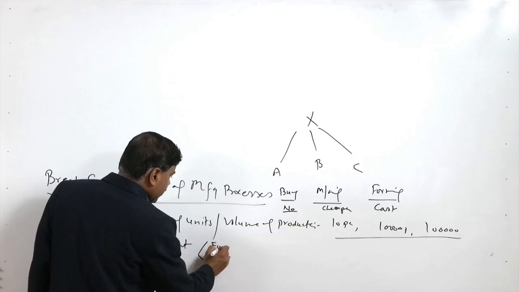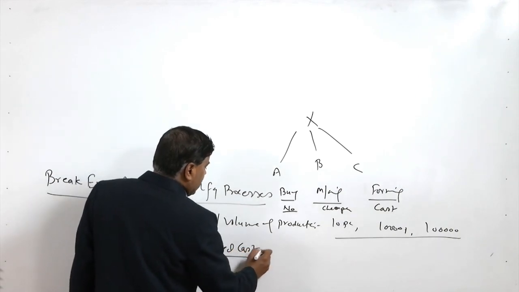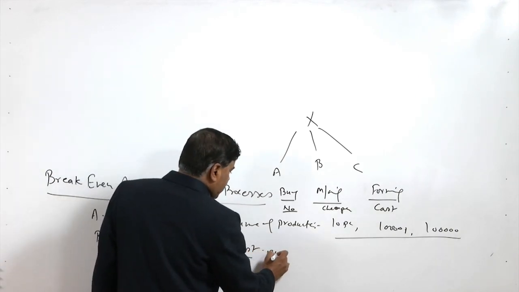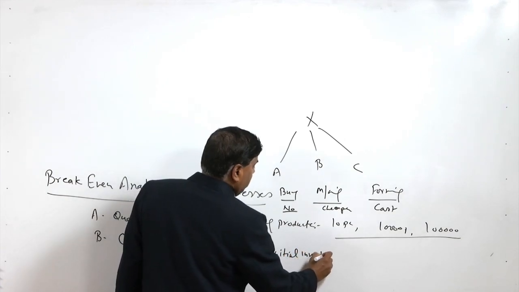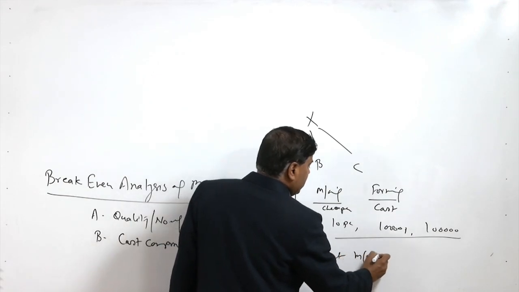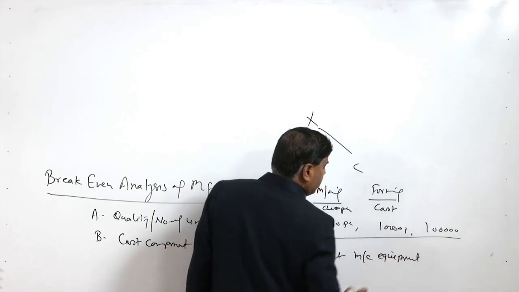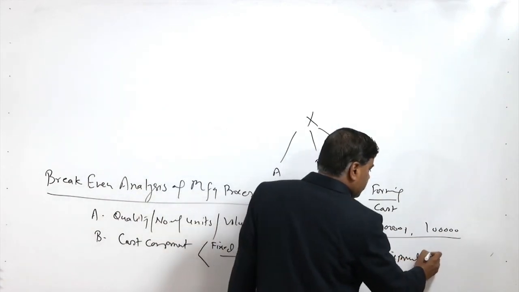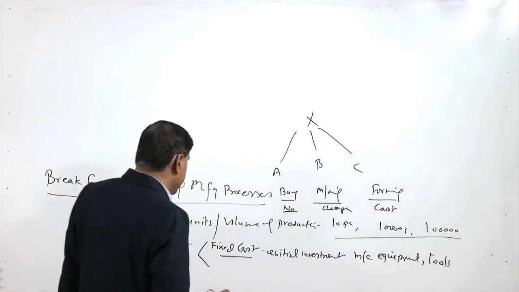One is fixed cost, which is in the form of the initial investment to be made for procurement of the machine or equipment, so that the given setup can be made; or sometimes if it is unique, then tools are also incorporated in this.